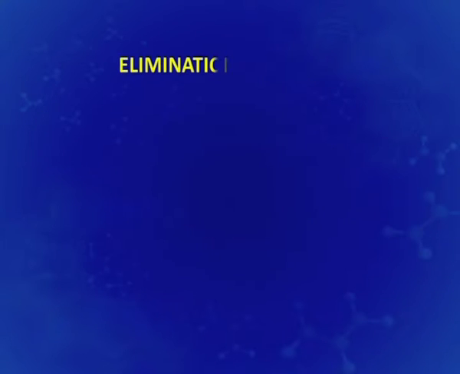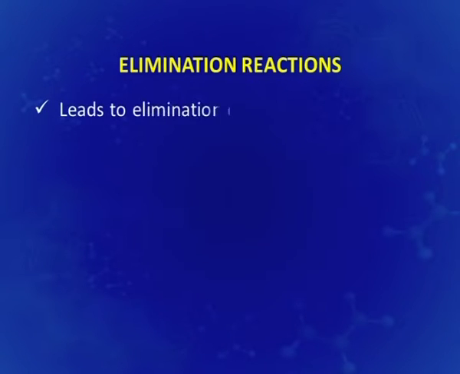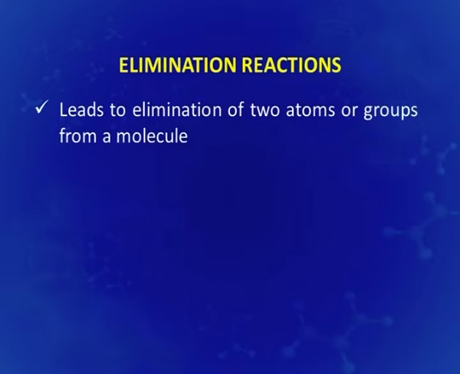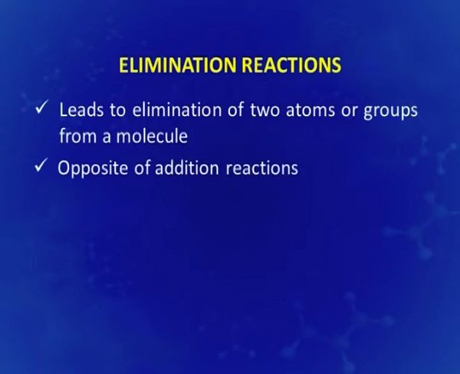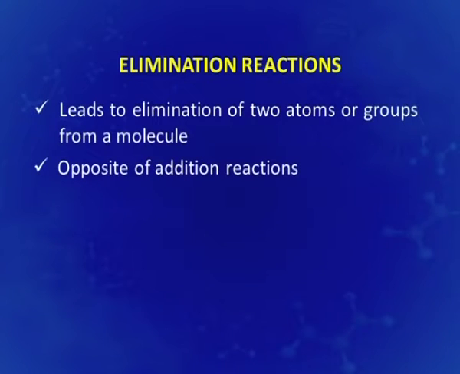Then we have elimination reactions, and here obviously the reaction leads to elimination of two atoms or groups from a molecule, and these reactions are opposite to addition reactions in the sense that in addition reactions we have addition of a molecule and here we are losing the molecule.